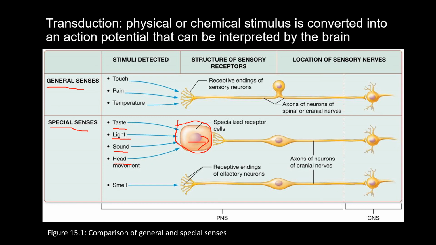All of those change the way these receptor cells receive signals, which then enables them to send neurotransmitters to the sensory neuron that will then transmit that signal to the CNS. Except for the case of smell, which has direct sensory receptors on its sensory neuron. These are receptive endings of those olfactory neurons up in your nasal cavity.